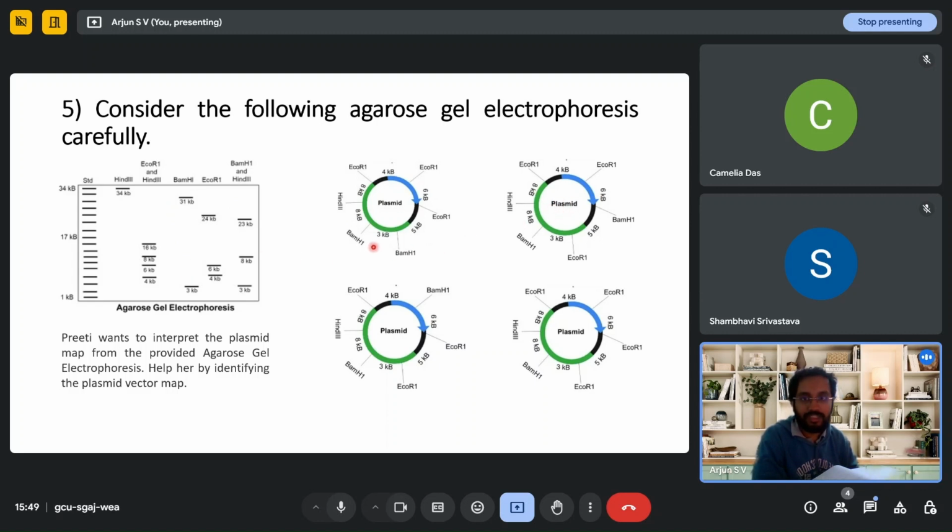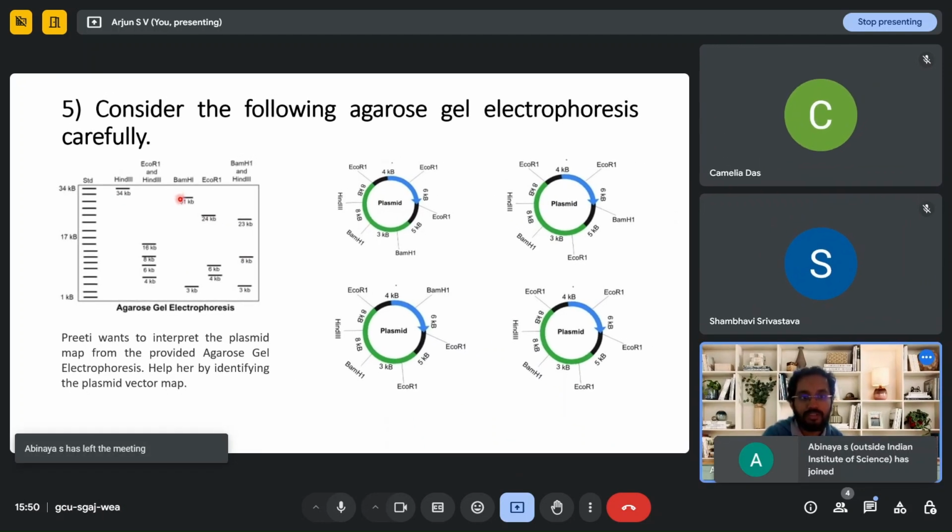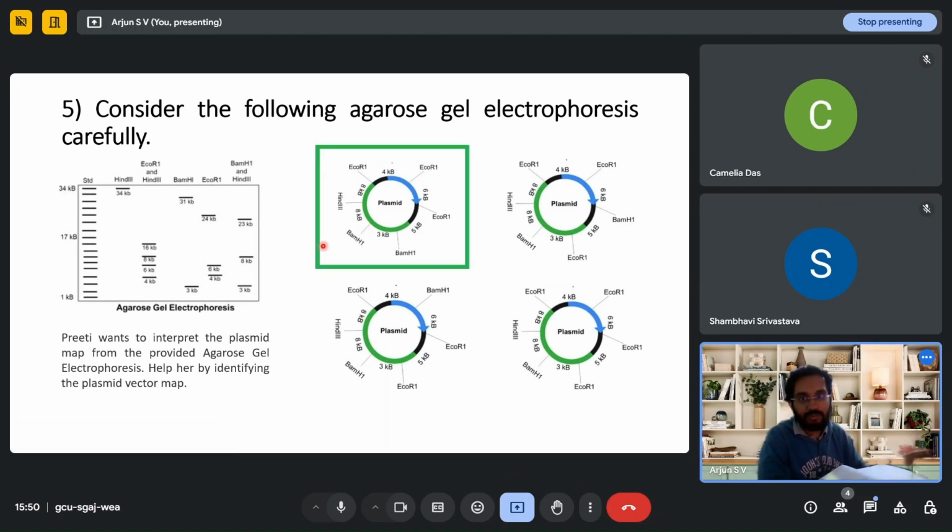But check option A: if BAM H1 cuts here and here, we have 3 kilobases here, and we have 8 plus 8 plus 4 plus 6 plus 5, which is 31 kilobases, and that's what we are getting here. So even though they give all the other options as well, we need only Hin 3 and BAM H1 to solve this plasmid problem. So the final answer will be option A, which is this plasmid.